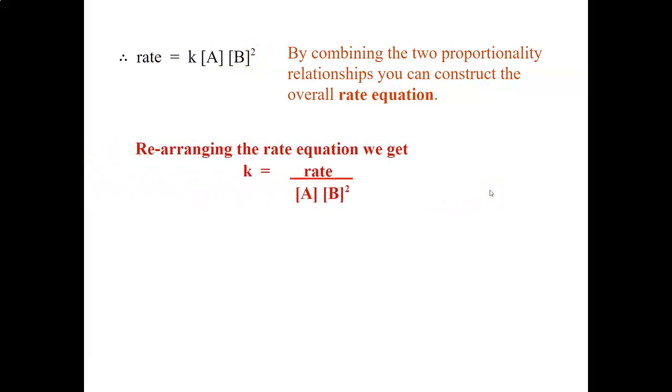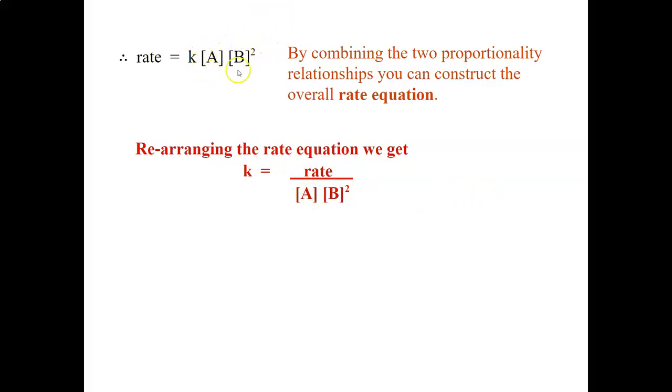Now, if we want to go on to the next step to find the rate constant, we have to do a bit of rearranging. And that rearranging is not rocket science. It just is the rate divided by the concentrations of the substances raised to the relevant powers. It's always k equals rate divided by all the rest here.